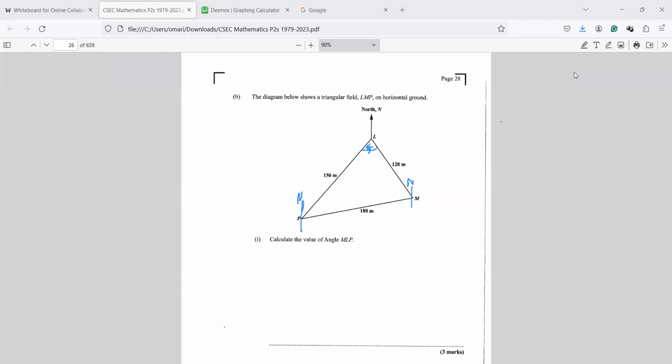In this case, we're given all three sides and we are going to use it to find a particular angle. So the formula for the cosine rule, let me see who knows the formula. I'm going to write something and you guys can confirm if it's correct or not.